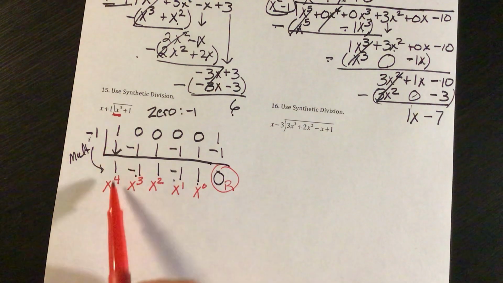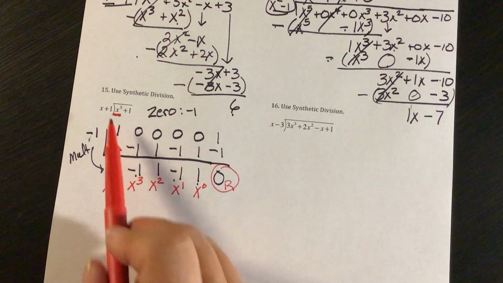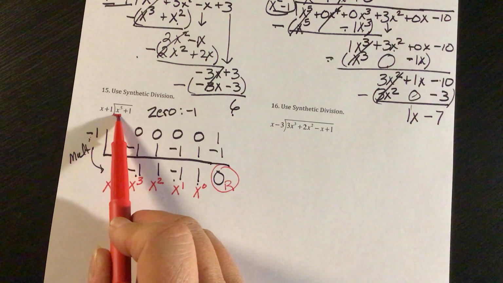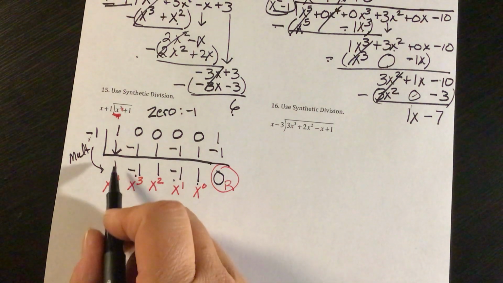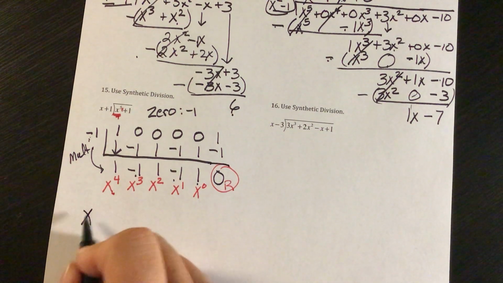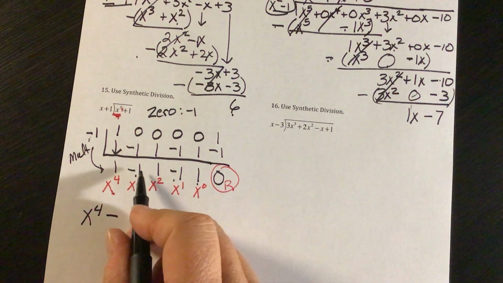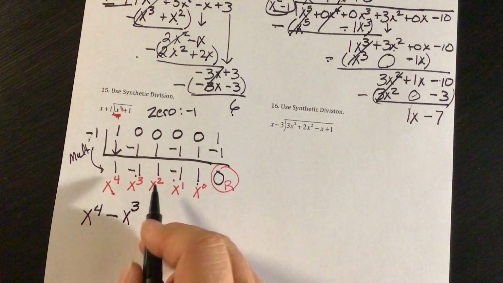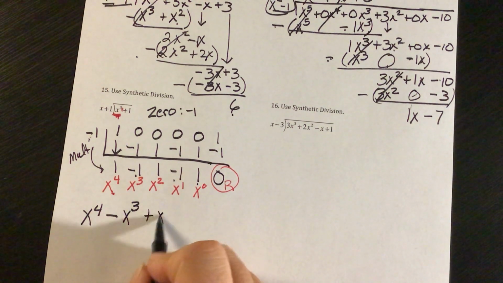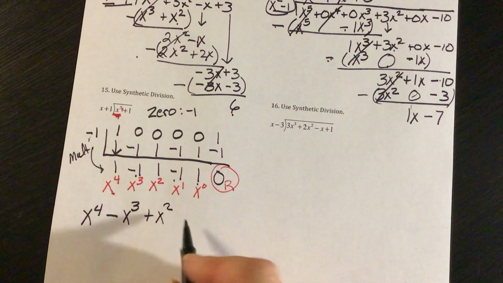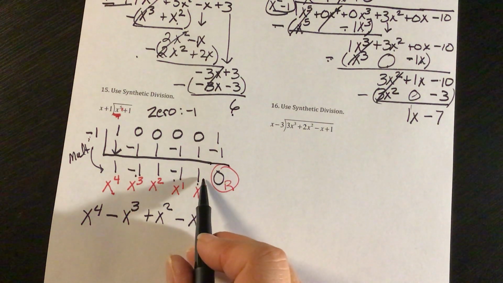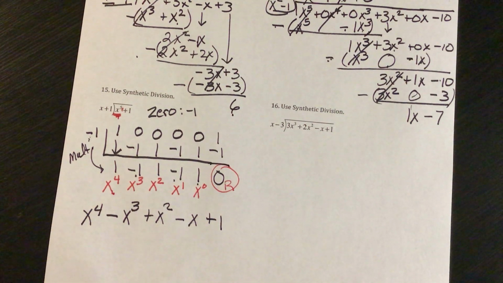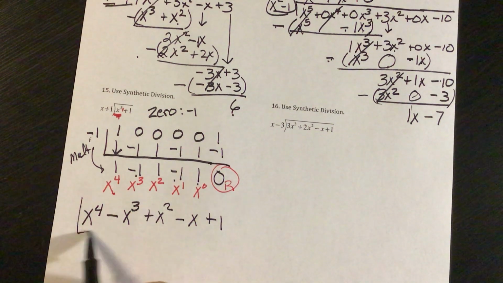It's always going to be, the exponent in our answer is always going to be 1 less than what we start with in our problem. So my answer here is 1 x to the 4th minus 1 x to the 3rd plus 1 x squared minus x to the 1st and plus 1, and then remainder 0, and I don't have to write that.